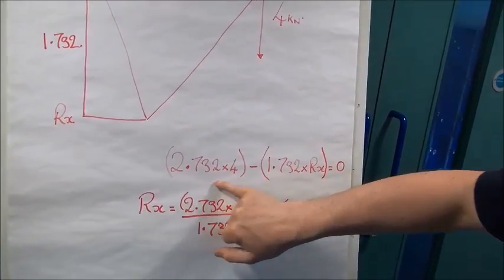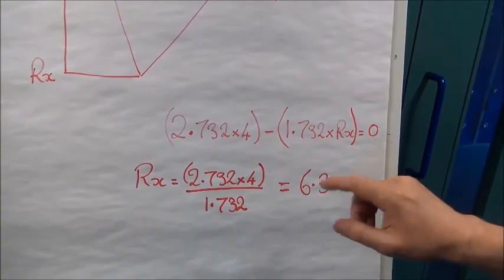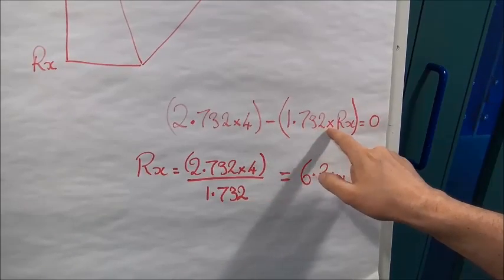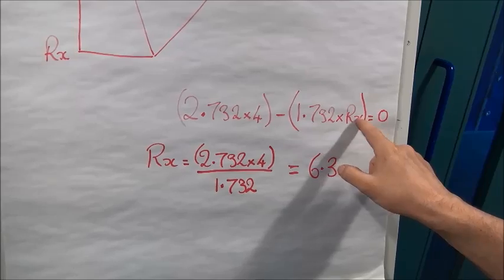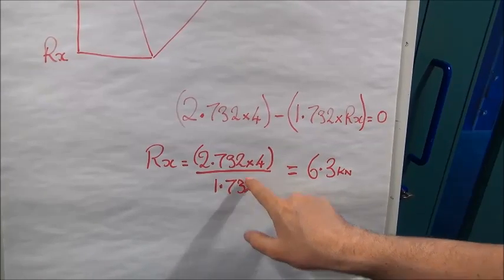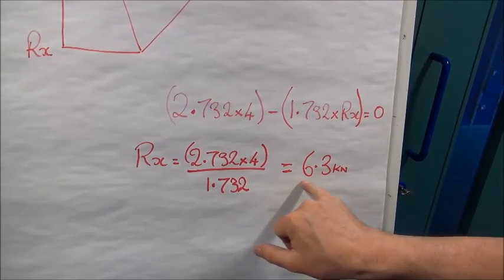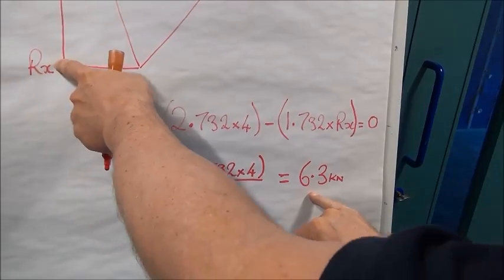So when we rearrange this equation, we simply take the minus 1.732 times Rx over to the other side, leave Rx on one side and divide the other side by 1.732, and we're left with this. The counterbalancing force, the reaction at Rx, is 6.3 kilonewtons.